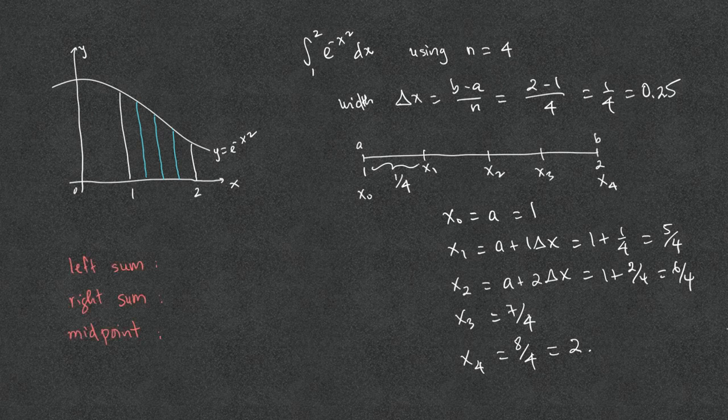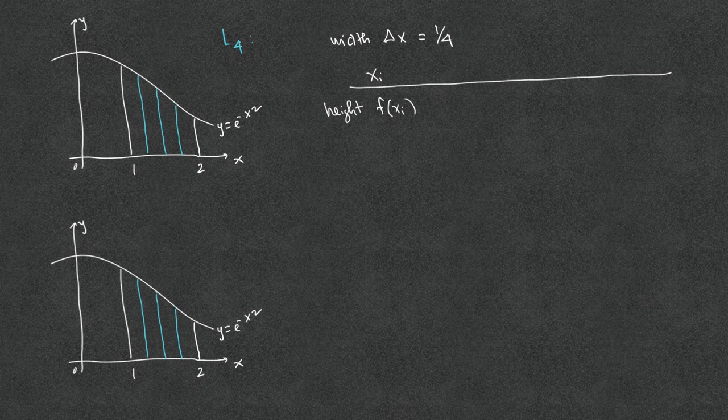We then use either the left sum, the right sum, or the midpoint rule to estimate the area under the curve above the x-axis from 1 to 2. n is the number of intervals, so in this case, the left sum would be L4, the right sum would be R4, and the midpoint would be M4.